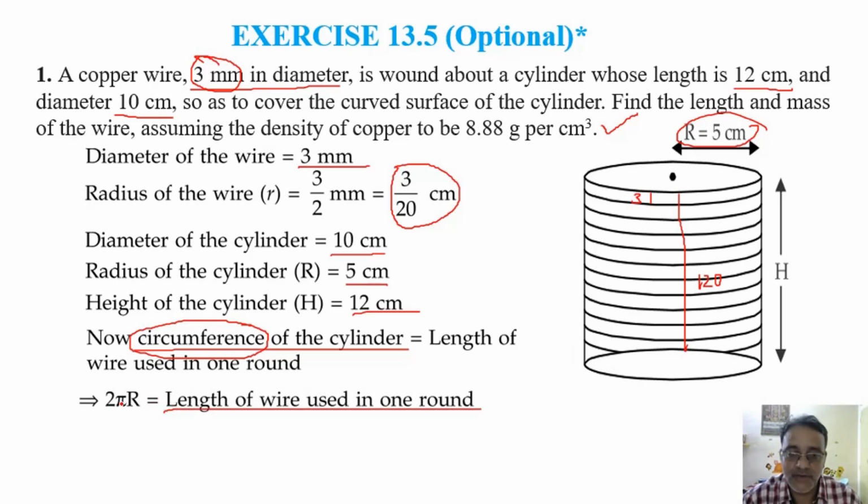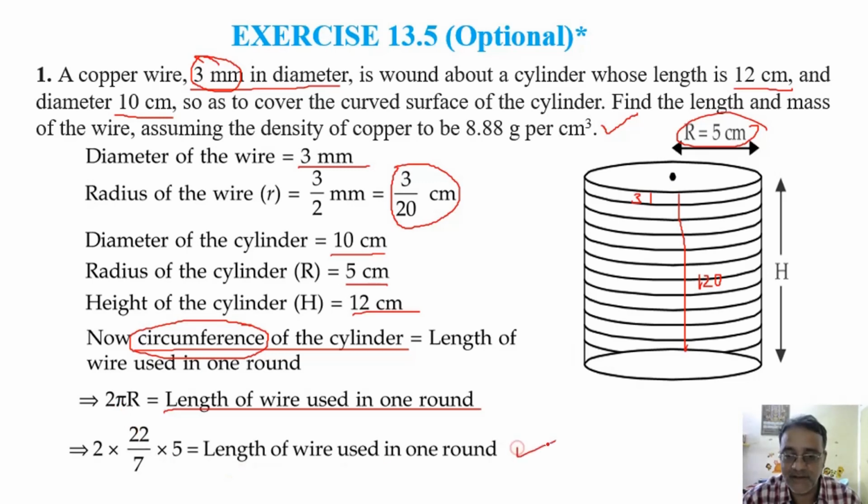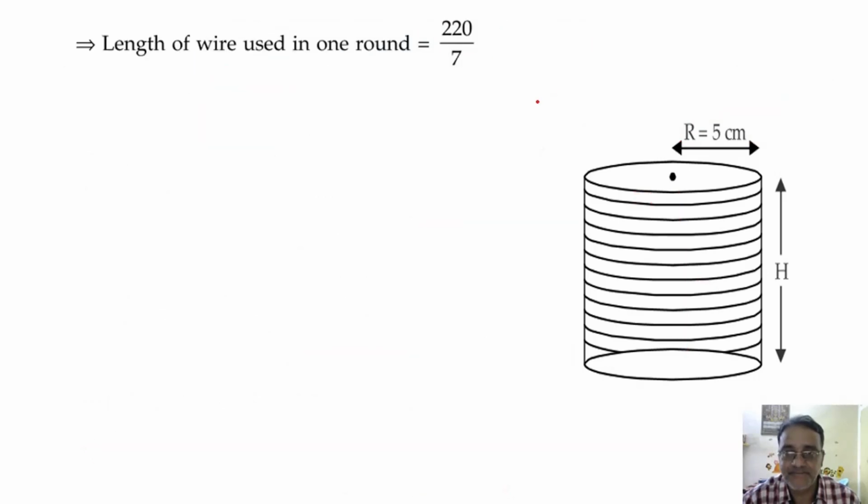So 2 into 22 by 7 into 5 is equal to the length of wire. Because the value of pi is not given, we are taking 22 by 7. Multiplying all three, we get 220 upon 7. This is the length of wire used in one round.